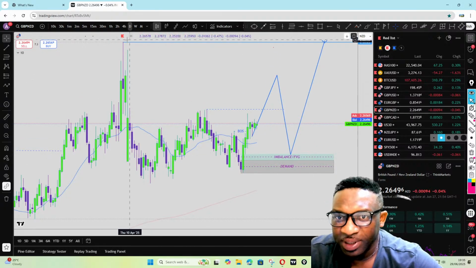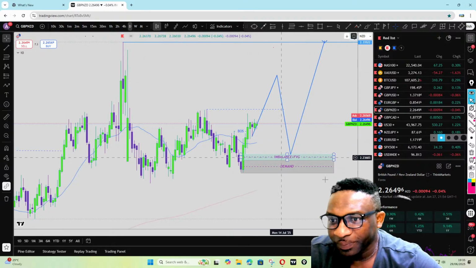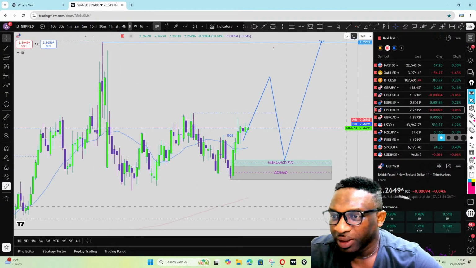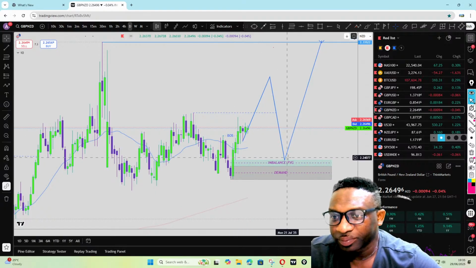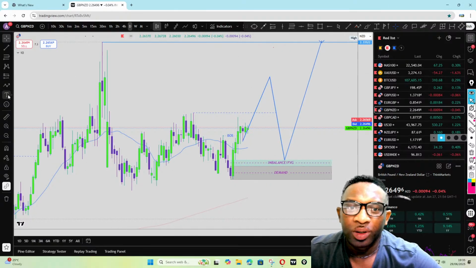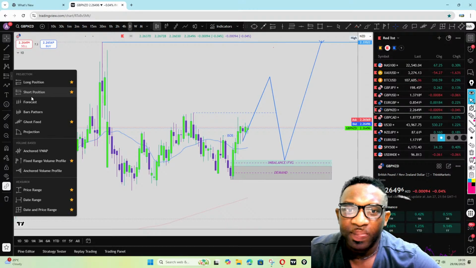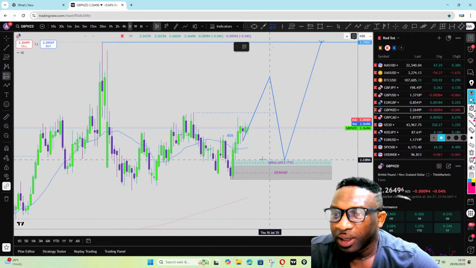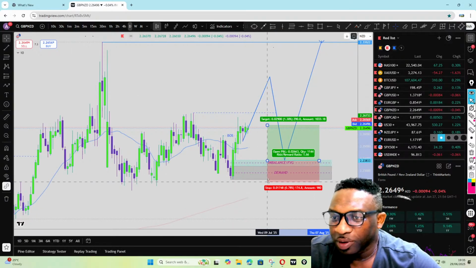So this is an area that we could target, or once we get an entry from here, if it plays out this way, we could target one entry, so your stop loss goes below here.